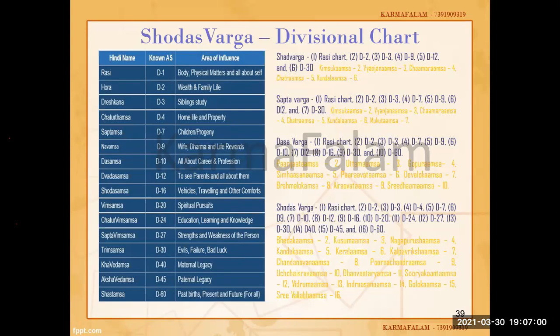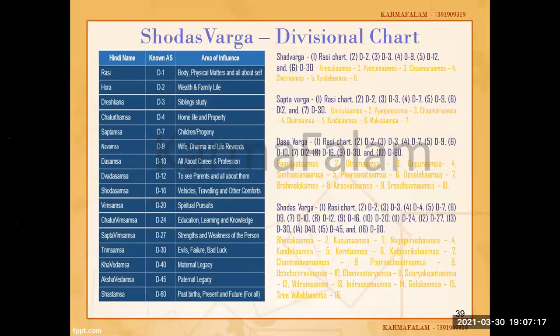If we divide every house by 3, it gives siblings information. If we divide every house by 4, it gives home life and property, or destiny. If we divide every house by 7, it gives children or progeny.